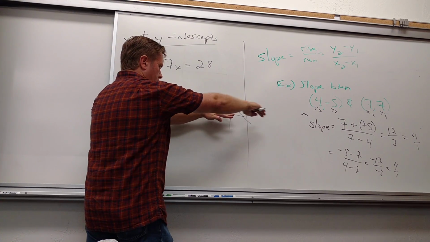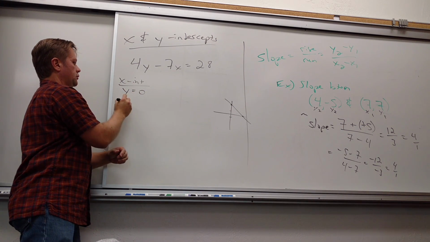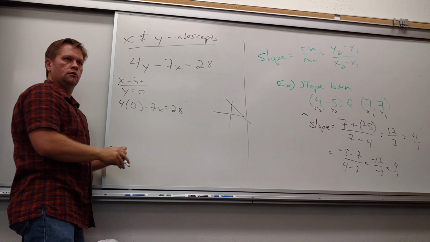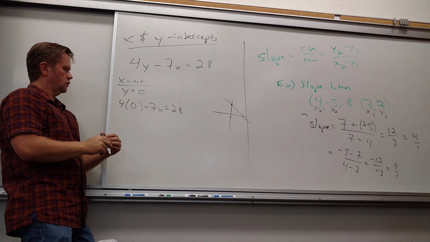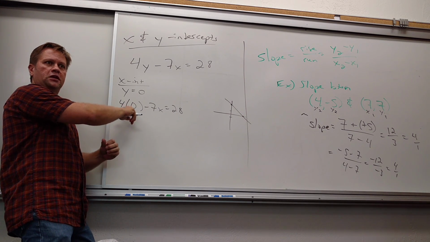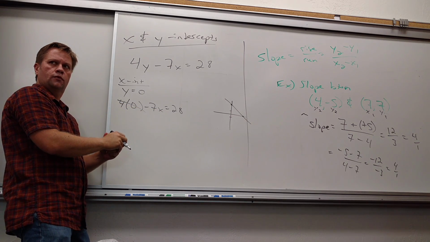If I make y 0, it's going to be on the x-axis. So y equal to 0, so I get 4 times 0 minus 7x equals 28. Somehow people have this still 4. That's neat. 4 times 0 is 0. And then how do I solve for x?